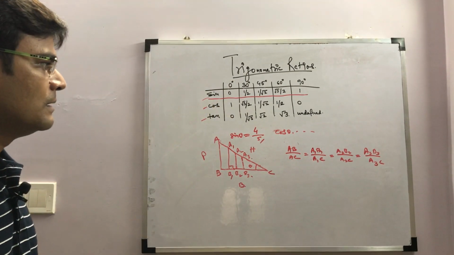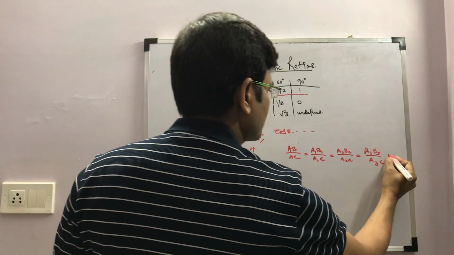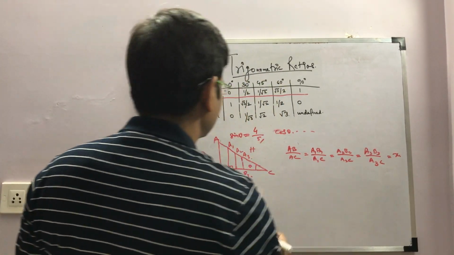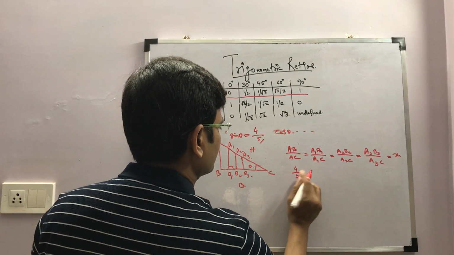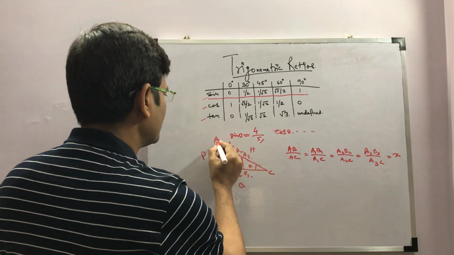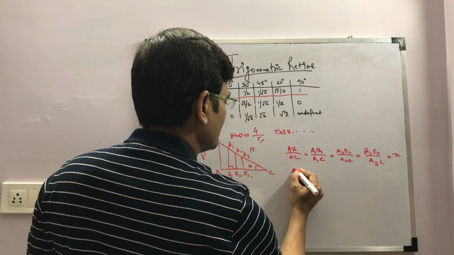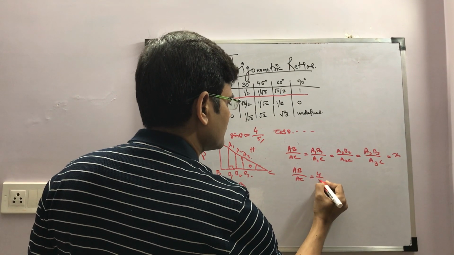Understood so far? So let us consider this sin theta as 4 by 5. If ABC is the triangle, AB by AC is given as 4 by 5.